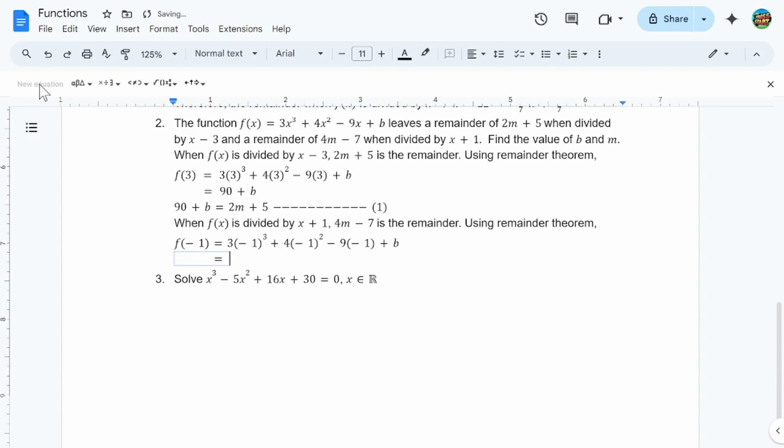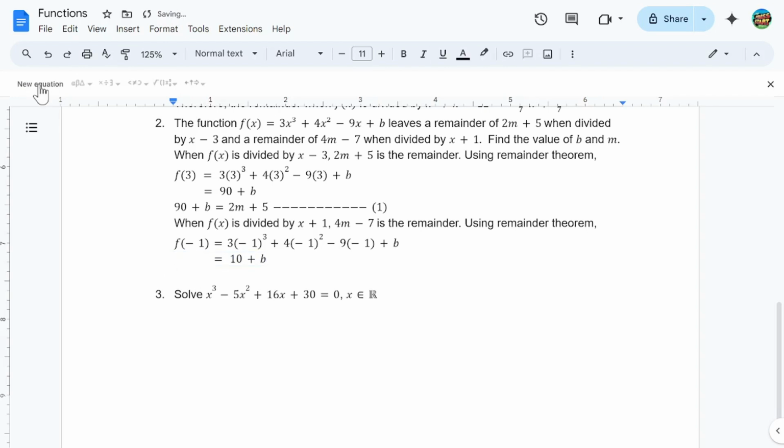And this will be equal to 10 plus b. So same principle as the first simultaneous equation, 10 plus b equals 4m minus 7. And this is our equation number 2.